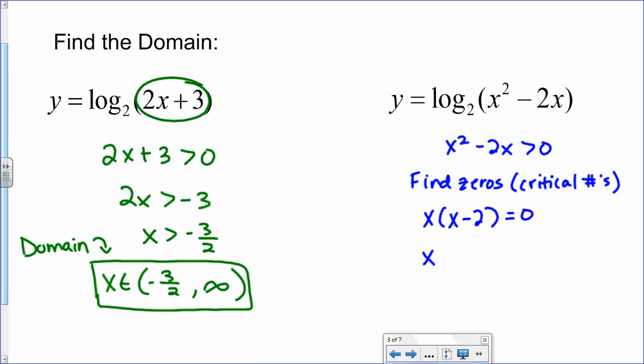So that's x equals 0 and 2. Okay. So graph those on a number line, 0 and 2.